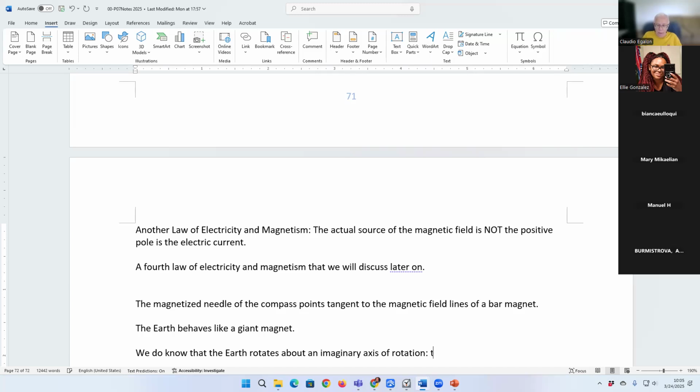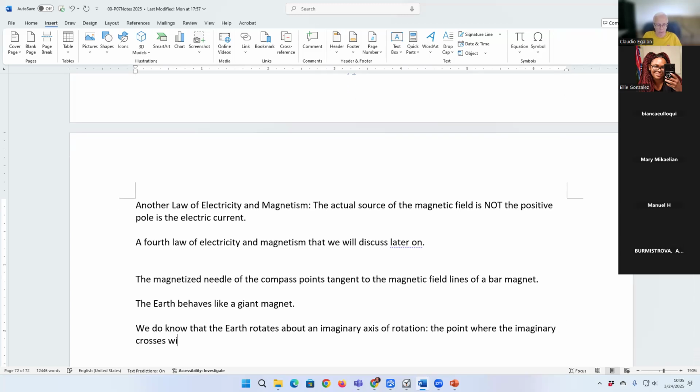The point where the imaginary axis crosses the Earth, the 2 points where the imaginary axis of rotation intersects the Earth's surface, are the north and south geographic poles.